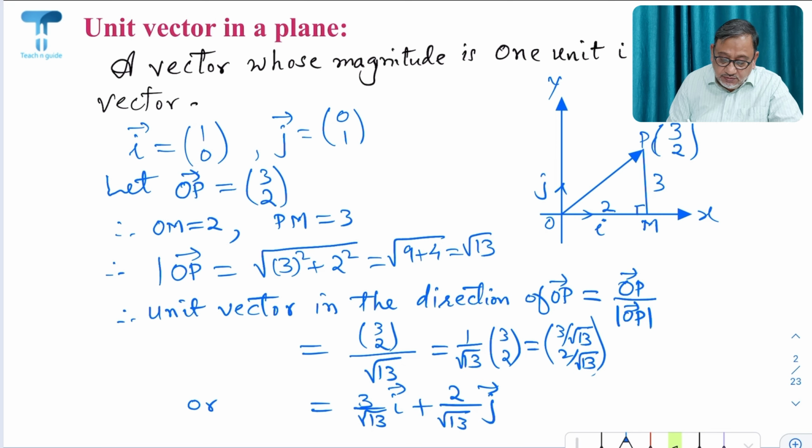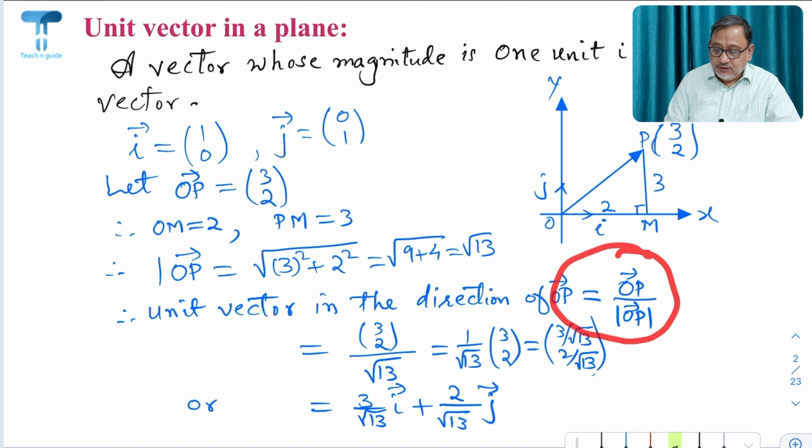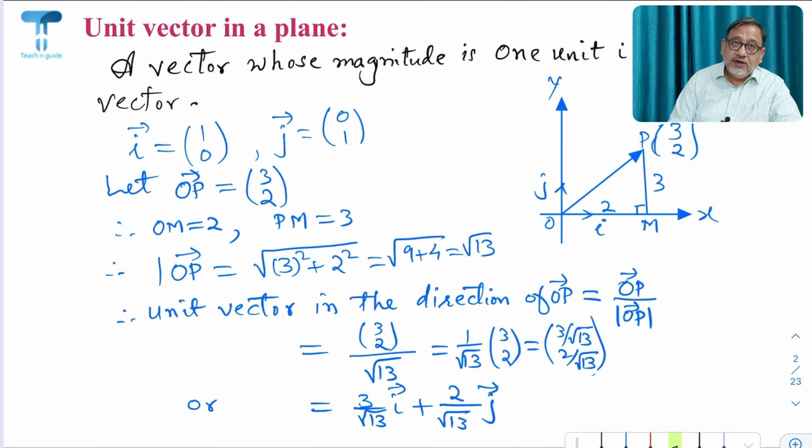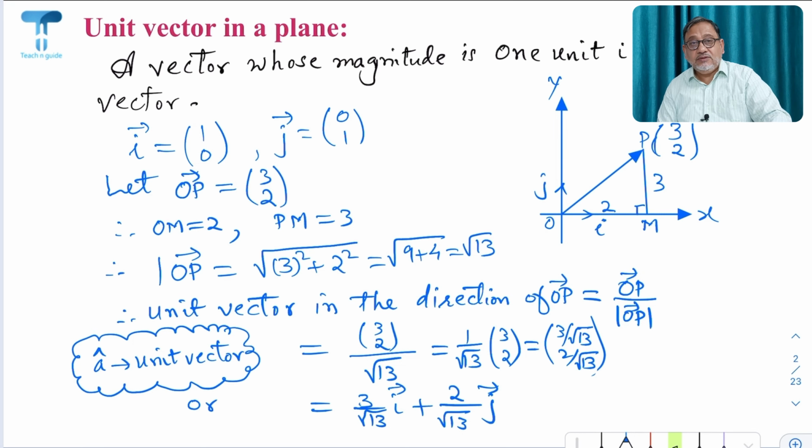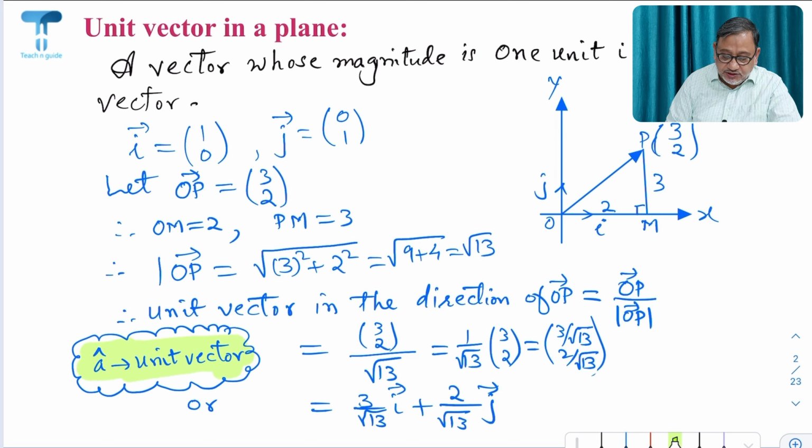Vectors i and j are base unit vectors. I hope you understood what a unit vector is. Any vector divided by its own magnitude will be the unit vector. Usually we denote unit vectors by a cap. So if A is a unit vector, it will be represented by A cap. In the book also you will see many places it is represented by A cap, B cap, C cap and so on.